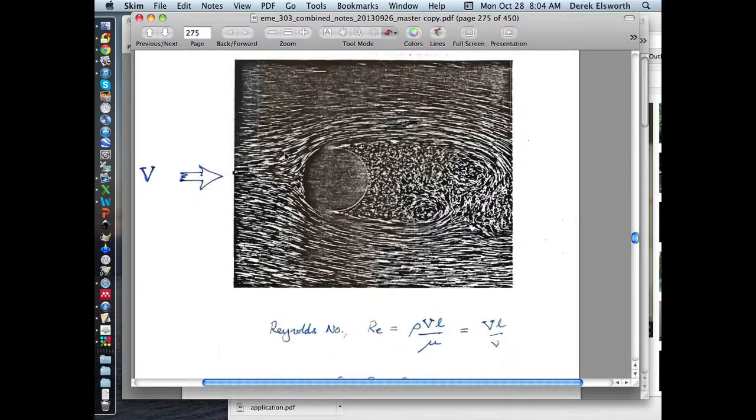And that is that if we go at faster flows, at very low flows, we've said that the flow pattern around here will look like this form-hugging contour with a stagnation point at the front and a separation point at the back.